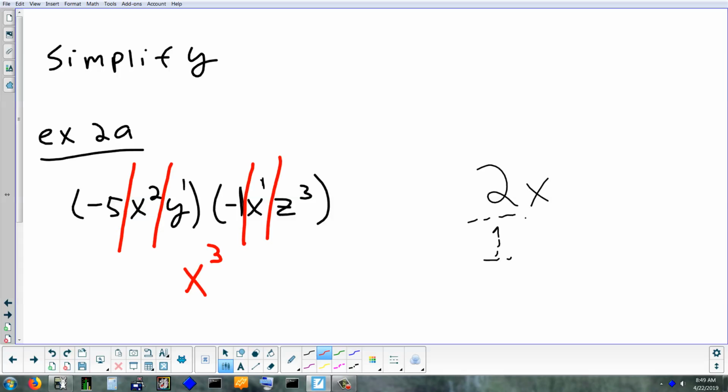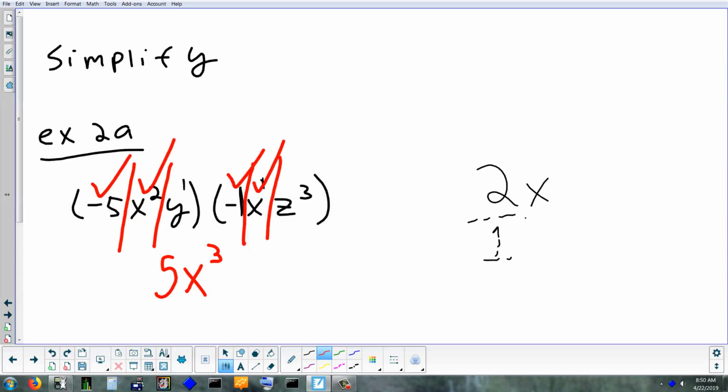There's no special rule for that. You multiply those numbers together like you normally would. -5 times -1 will be +5. They don't change. Alright? So I've handled that, I've handled the x.